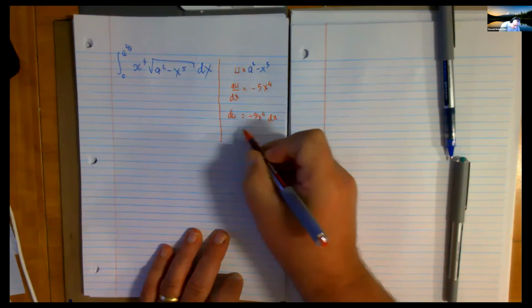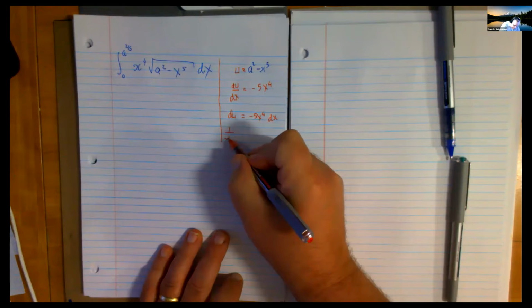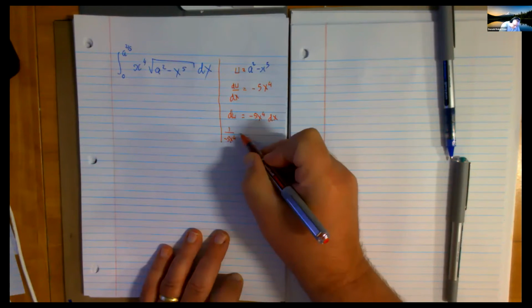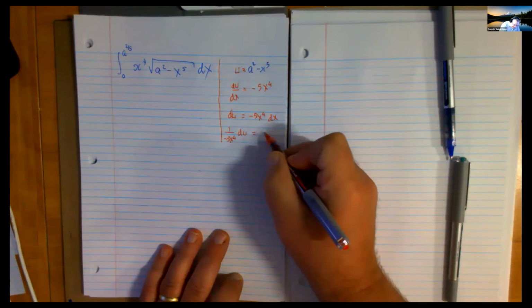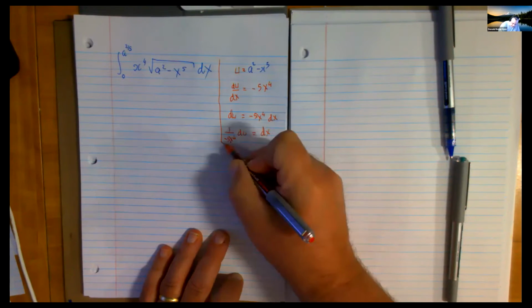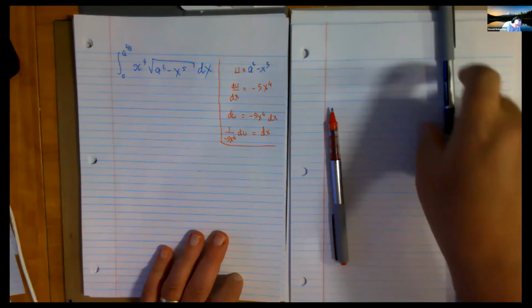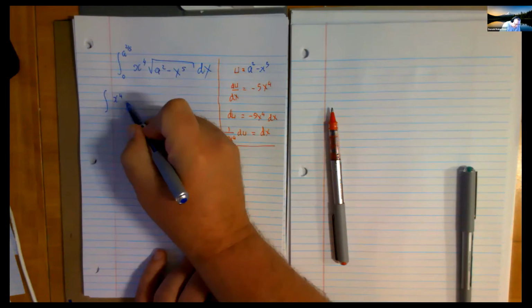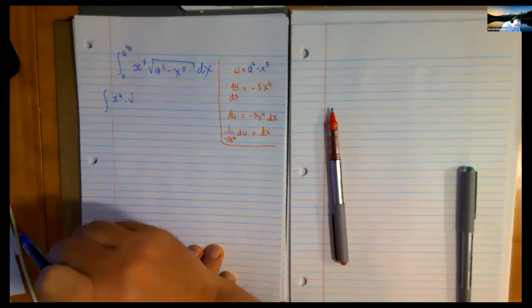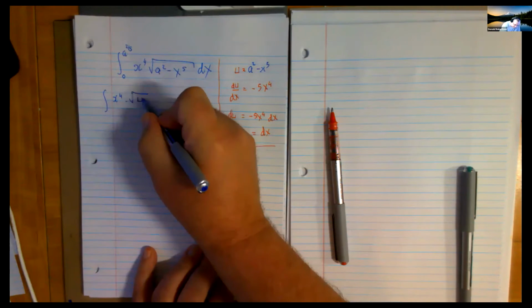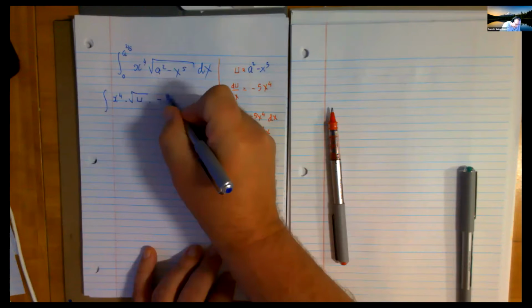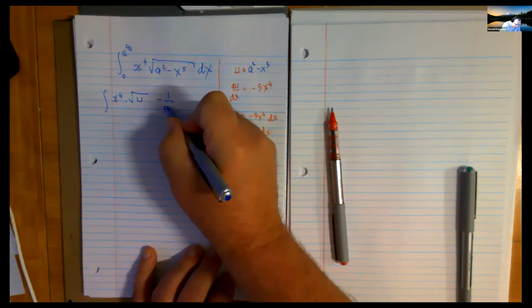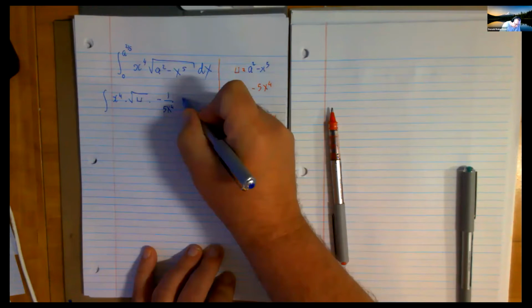And then I can isolate the dx. So we'll go over here, and we have an x to the 4, the square root of u, and negative 1/5 x to the 4 with a du.